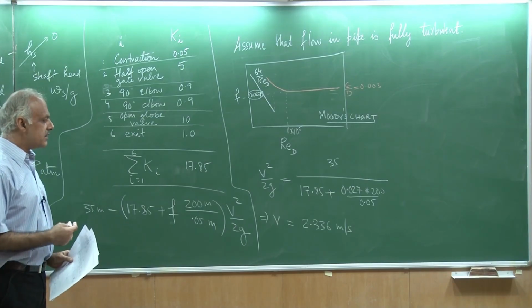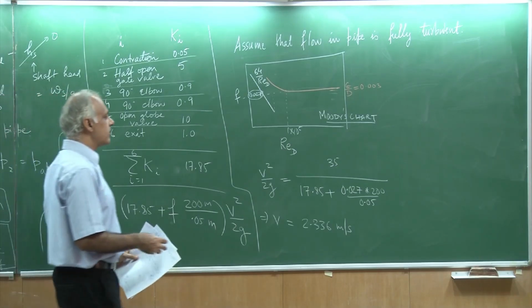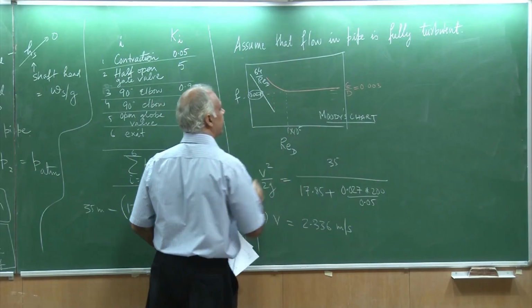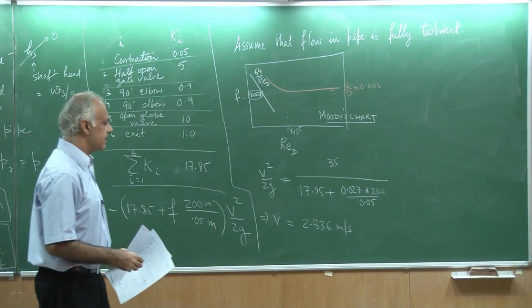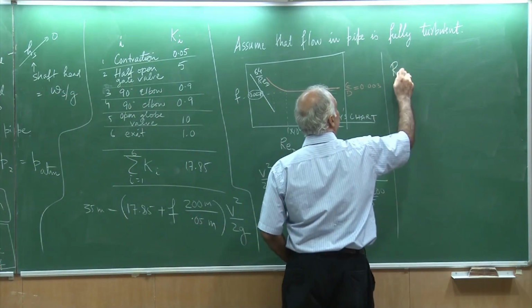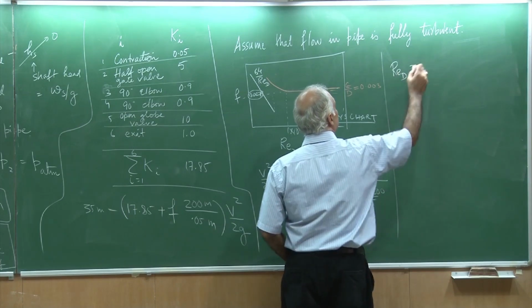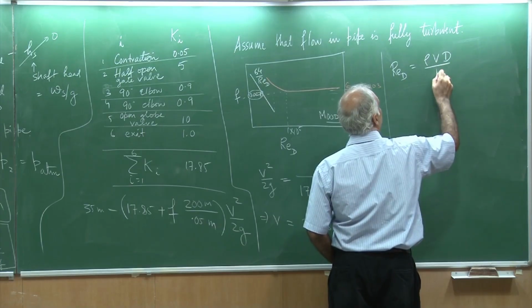What I can do now is check if my Reynolds number actually works out in the regime where I can assume that there is no dependence on the Reynolds number. So, I use this now to calculate Re_D, which is rho v d by mu.